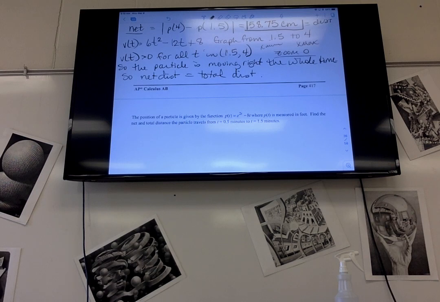The position of a particle is given by the function blah, where P of t is measured in feet. Find the net distance the particle travels from 0.5 to 1.5. So you guys go ahead and do net. And if you feel comfortable, go ahead and try to do total.